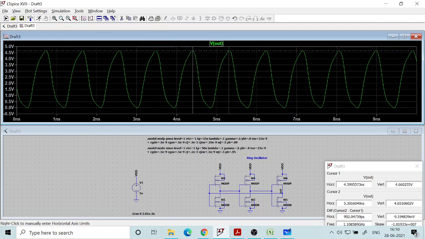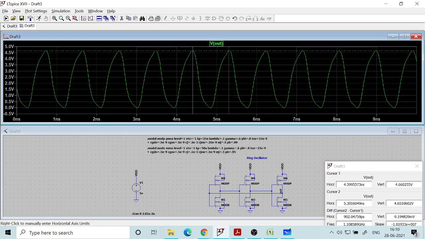The period capital T is 0.9 nanosecond. Now, what is the frequency? 0.9 nanosecond means 1 divided by 0.9, which is 1.1 gigahertz. That is the output frequency.